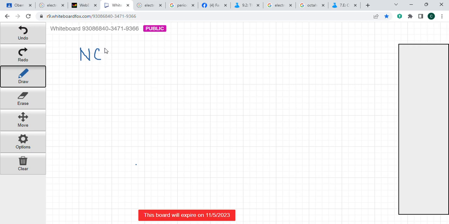The first step is to determine the valence electrons of the atoms in the molecule. The valence electrons of nitrogen is 5, while that of chlorine is 7.